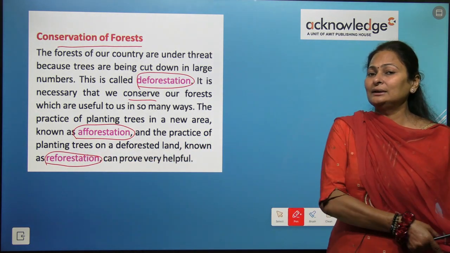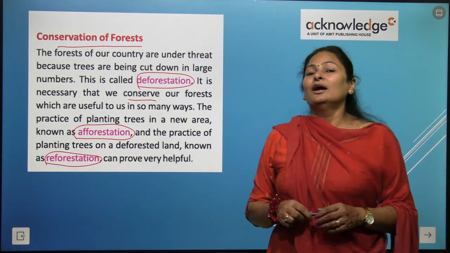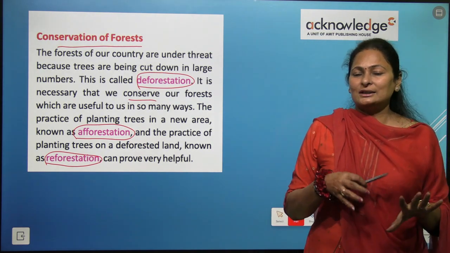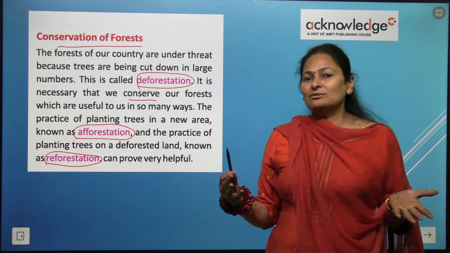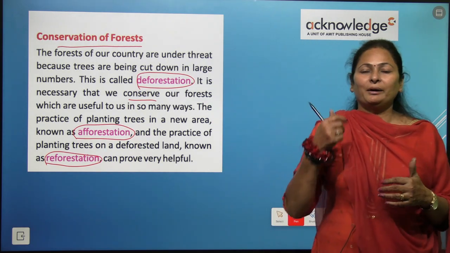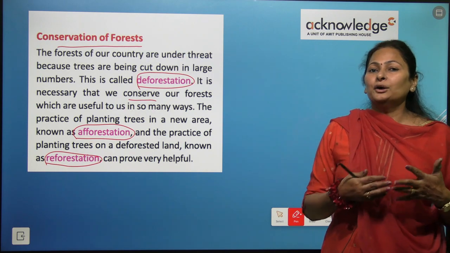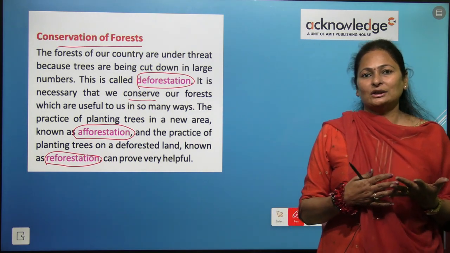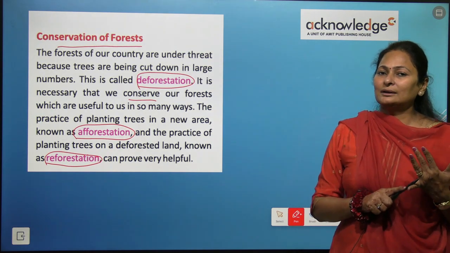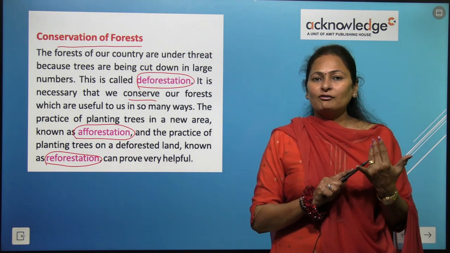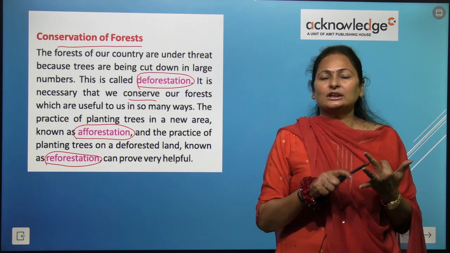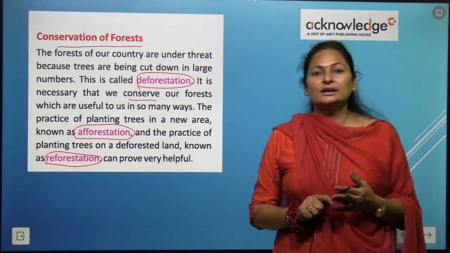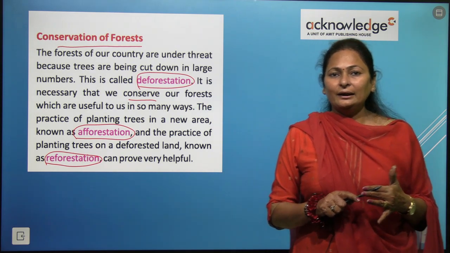Reforestation means an area which is already deforested, where plants and trees have been cut down, but now we are growing new trees there. Now we have learned three terms: deforestation, afforestation, and reforestation. Have you understood clearly?